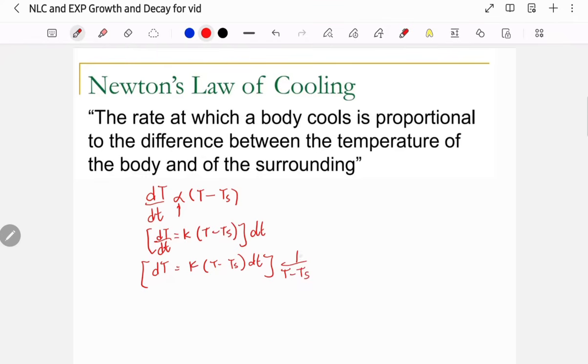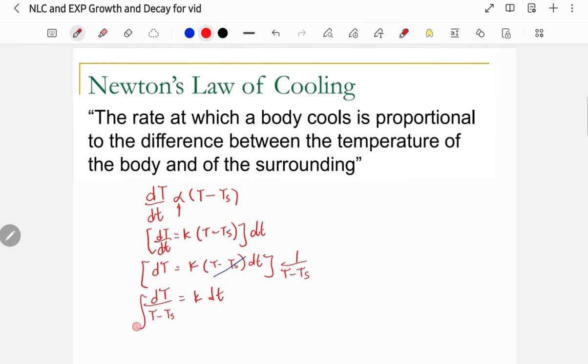So if we multiply 1 over T minus Ts to k times T minus Ts dt, T minus Ts is cancelled out, right? So only k times dt. And if we multiply dT to 1 over T minus Ts, it becomes dT over T minus Ts. So, it is now arranged.